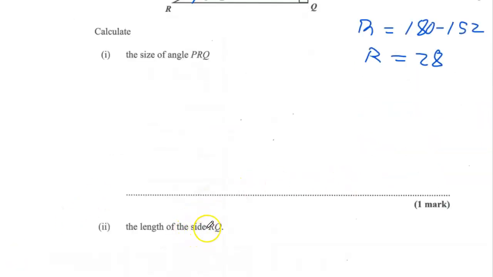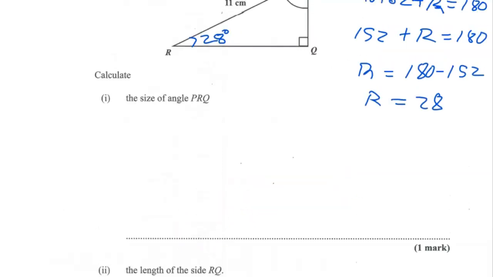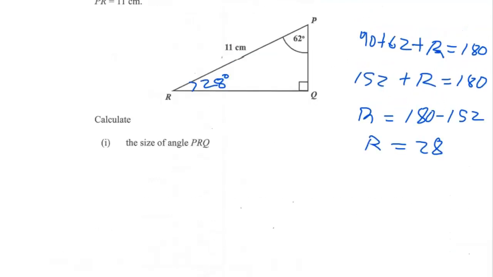Next, we are asked to find the length of the side RQ. And of course RQ would represent the adjacent to angle R, right? This is the adjacent side to the 28 degrees here. And of course we have the hypotenuse, which is RP. So we can use the cosine ratio.